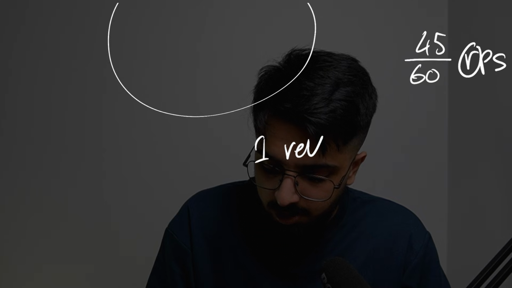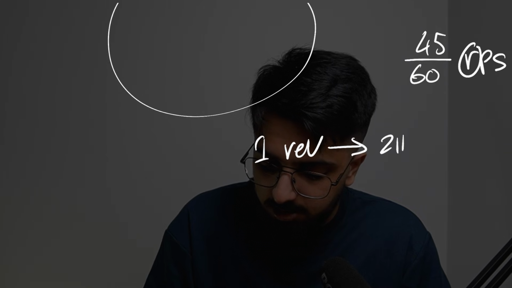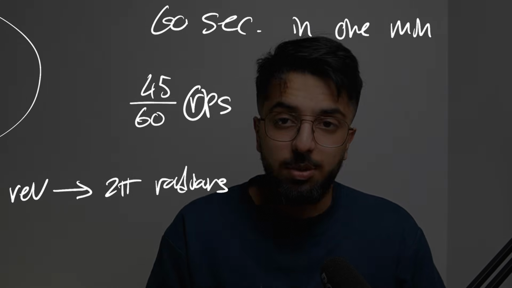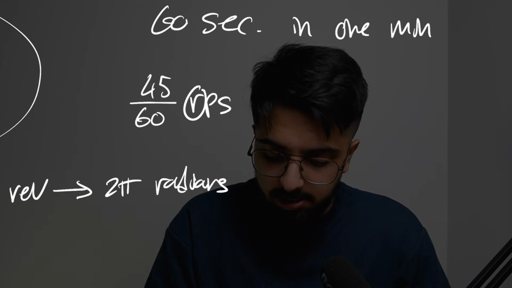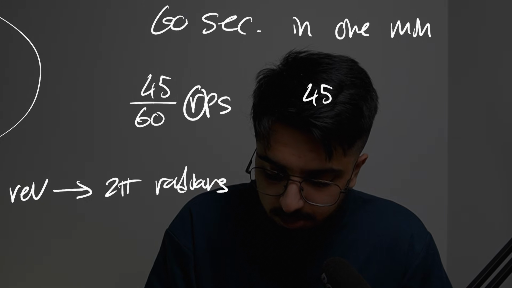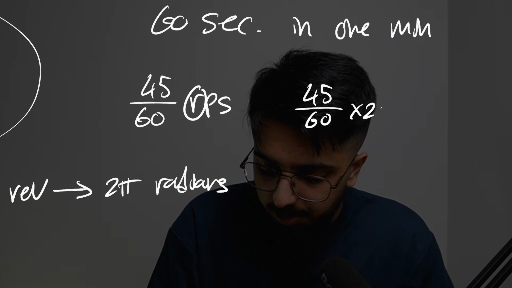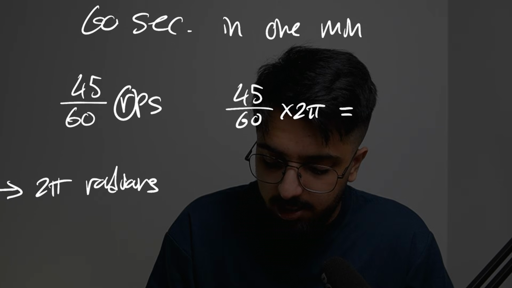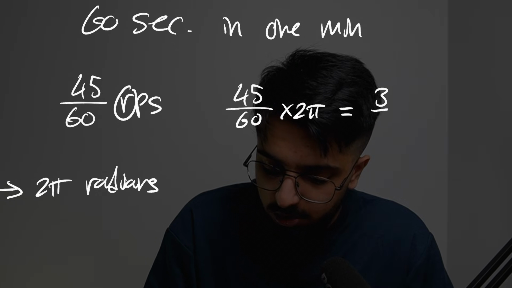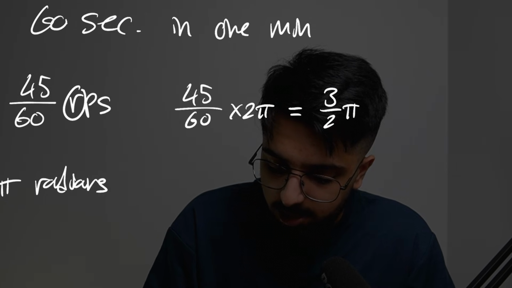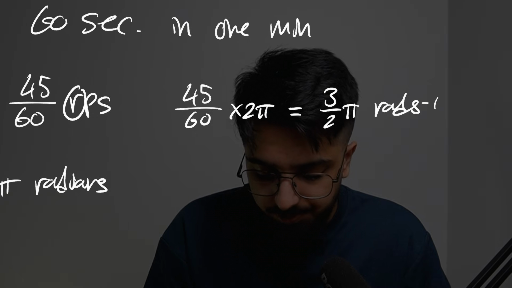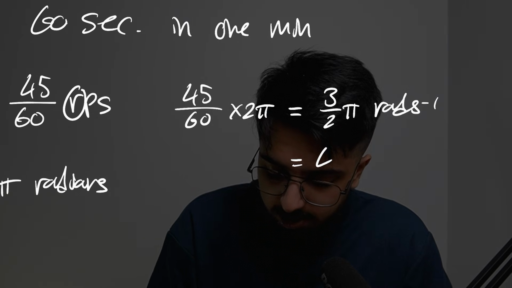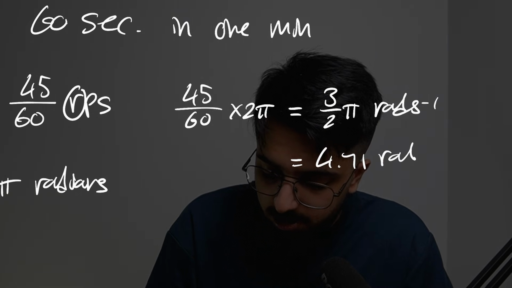So to convert revolutions into radians, we multiply this value by 2 pi. This gives us 3/2 pi radians per second, or 4.71 radians per second.